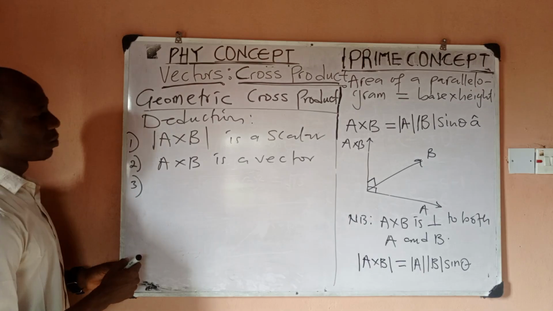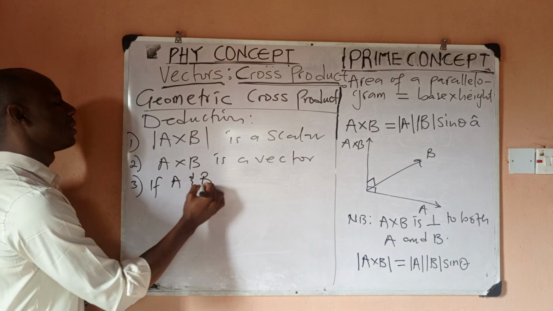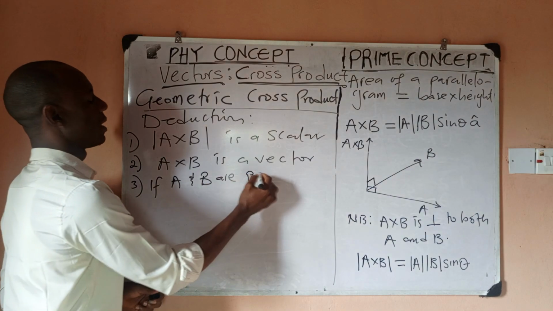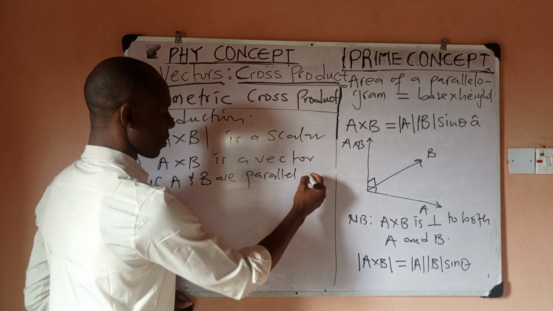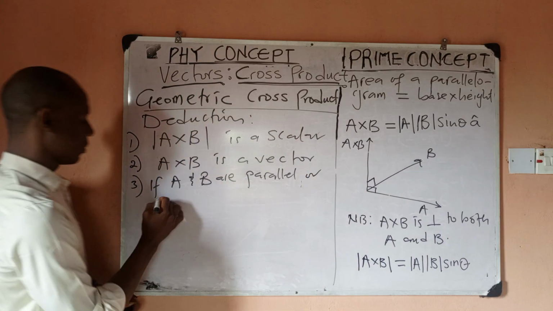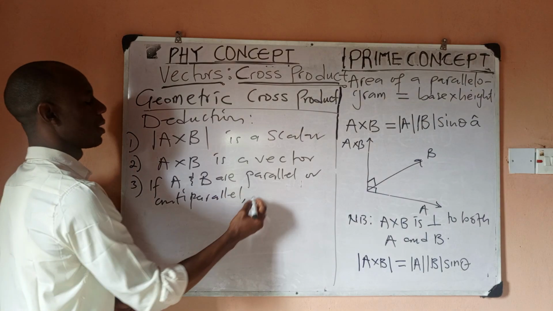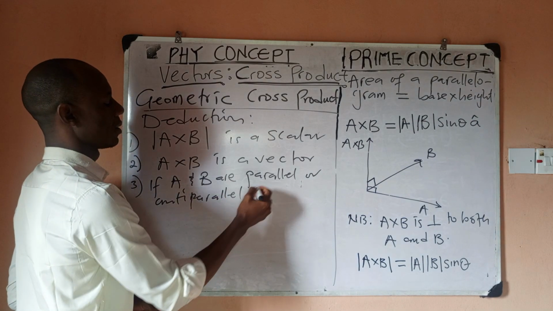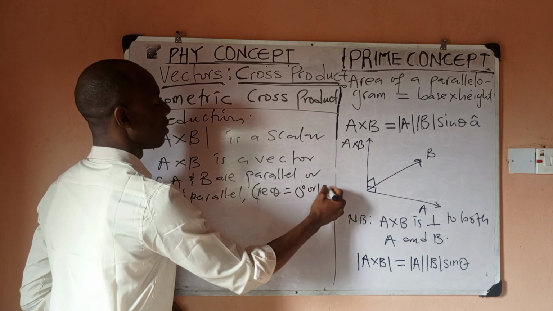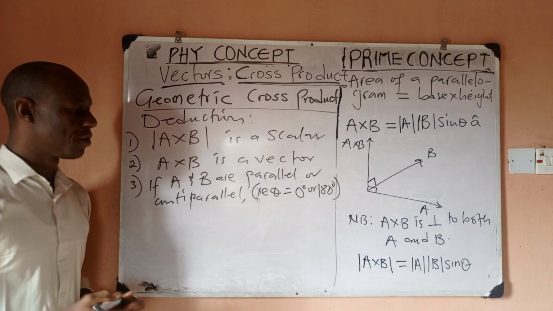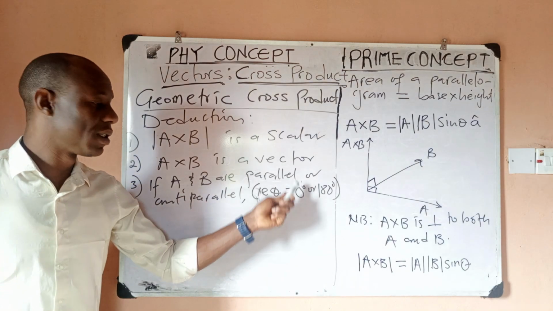Another deduction I want to point out is that if A and B are parallel or anti-parallel, that is, theta equals 0 or 180 degrees. So if A and B are parallel, it means that theta is 0 degrees.